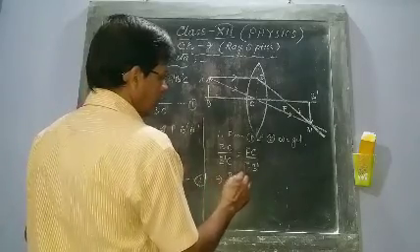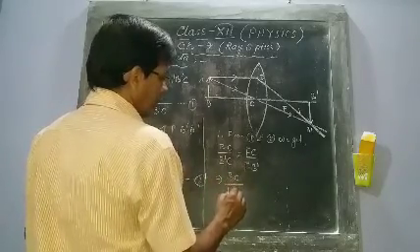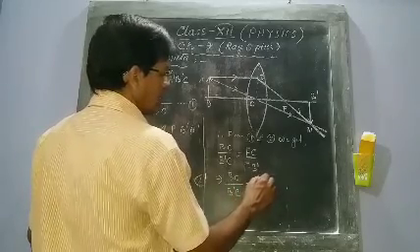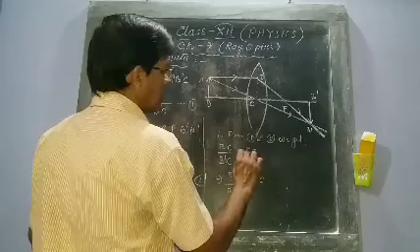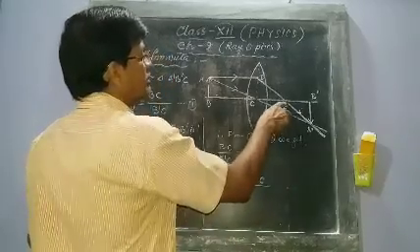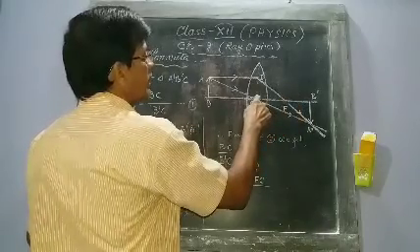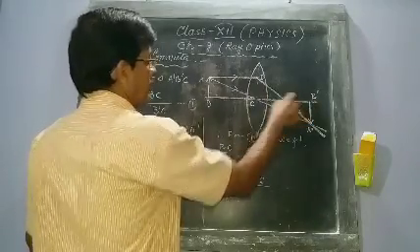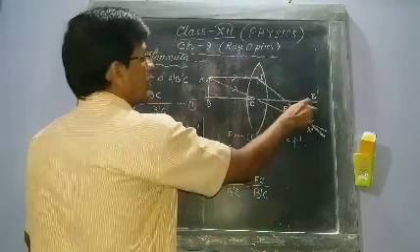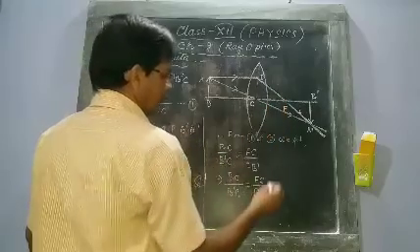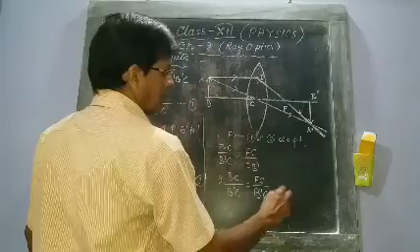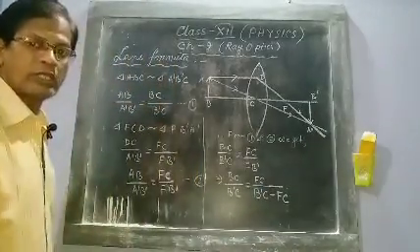So BC by B dash C equals FC by FB dash. FB dash means B dash C minus FC. Use the sign convention.